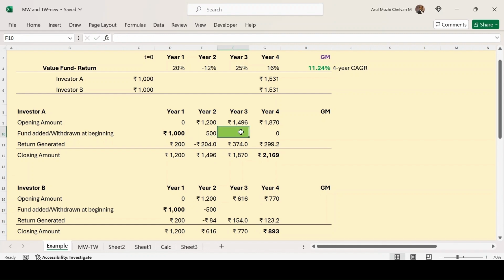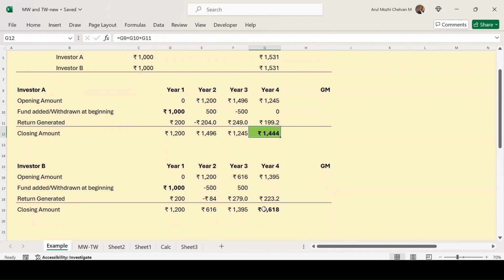Similarly, in year 3, investor A withdraws 500, investor B adds 500. After this transaction, the total amount for investor A after 4 years is 1444, while investor B's total amounts to 1618. Why does this happen?